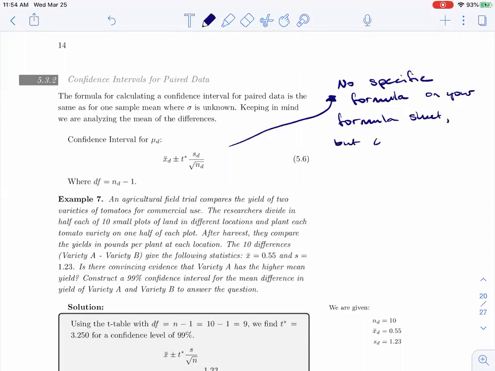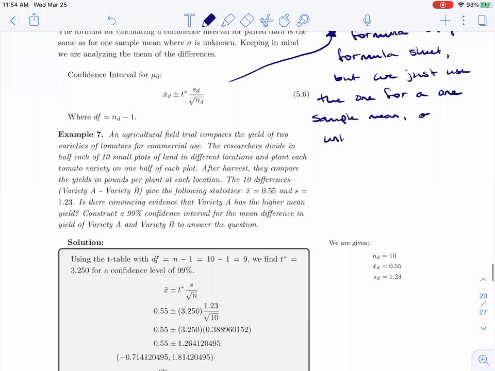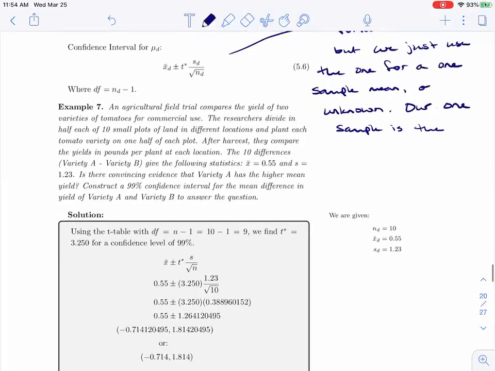But we just use the one for a one sample mean, sigma unknown. Our one sample is the sample of differences.